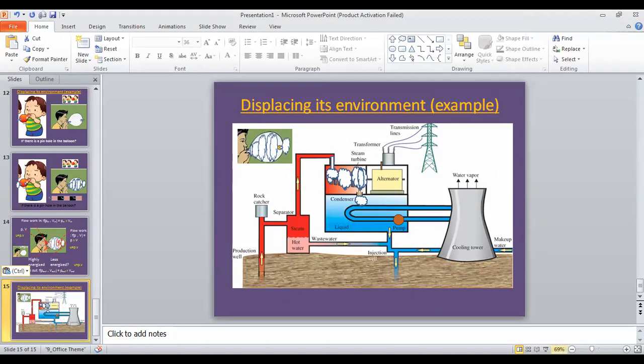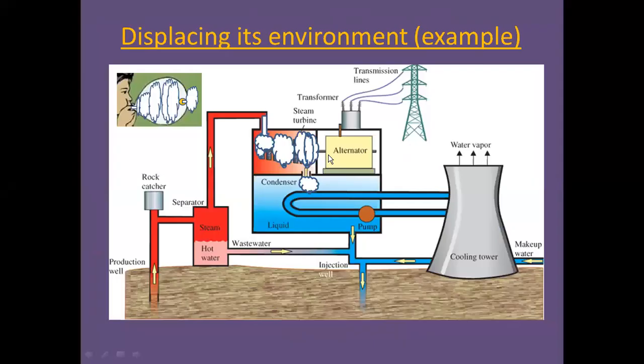You inject water here, and the return water is, of course, boiling. It's steam. So you take the steam, you run the turbine here. So the inlet of steam, leaving the steam to condense, and the turbine turns and generates electricity.